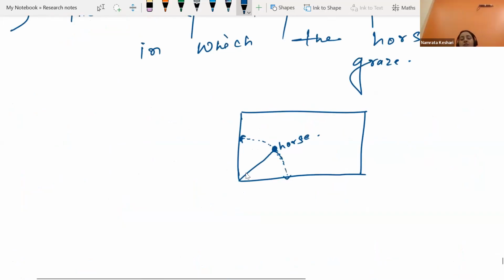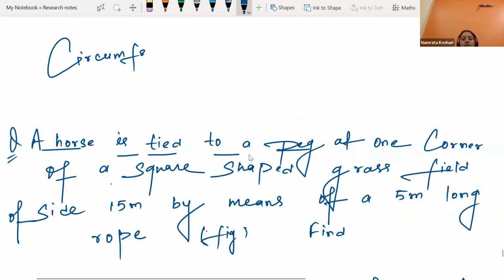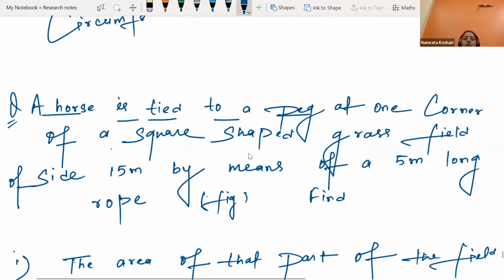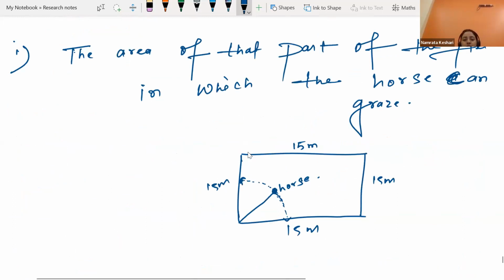This is a square. It looks like a rectangle, but don't worry, we'll be taking it as a square. The side is 15 meter, by means of a 5 meter long rope. This is the rope, and the length of the rope is given as 5 meter.